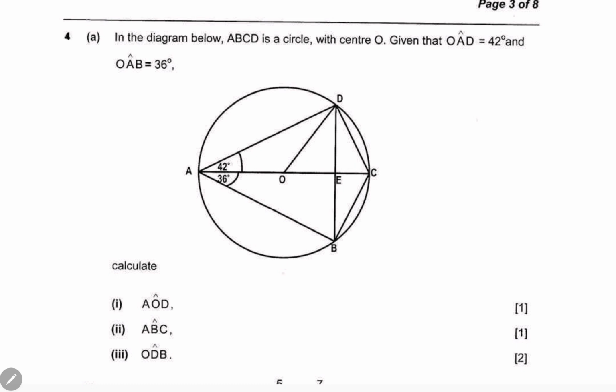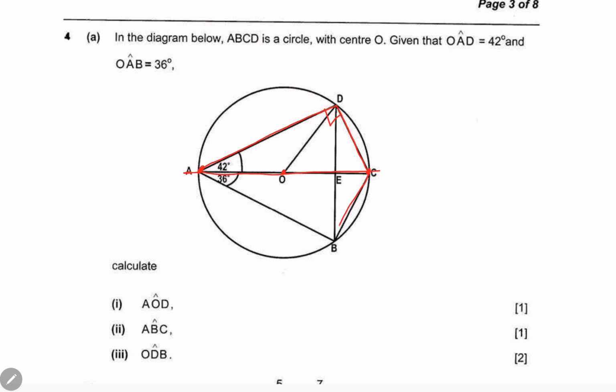Number two, because this is a center, this line is the diameter of this circle. Any line from the circumference joining another line from the circumference like this, where they meet, they form a 90 degree angle.